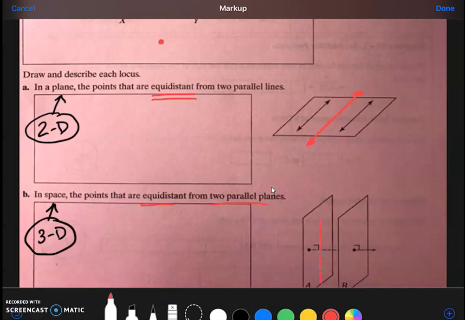And I'm going to draw this as best I can. Another plane here that is in between the two original parallel planes. And then this red plane is considered the locus. Okay, and that will do it for this lesson and your notes.